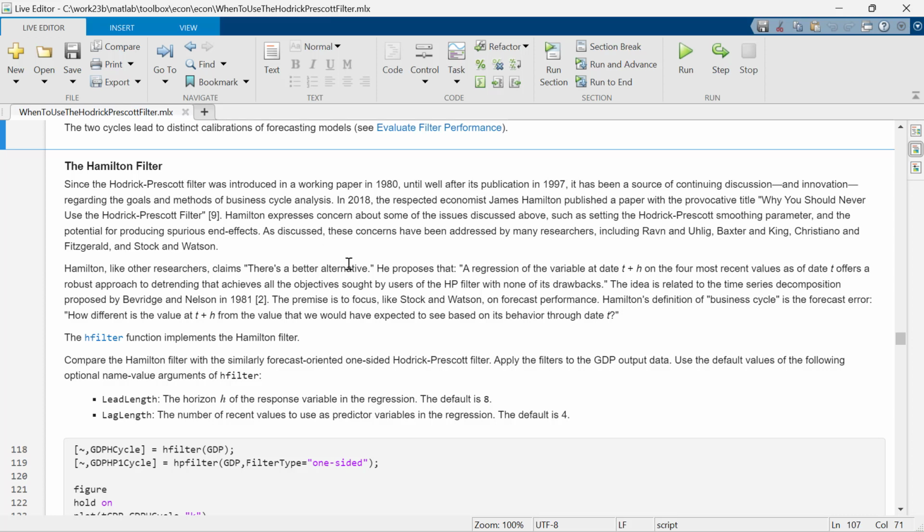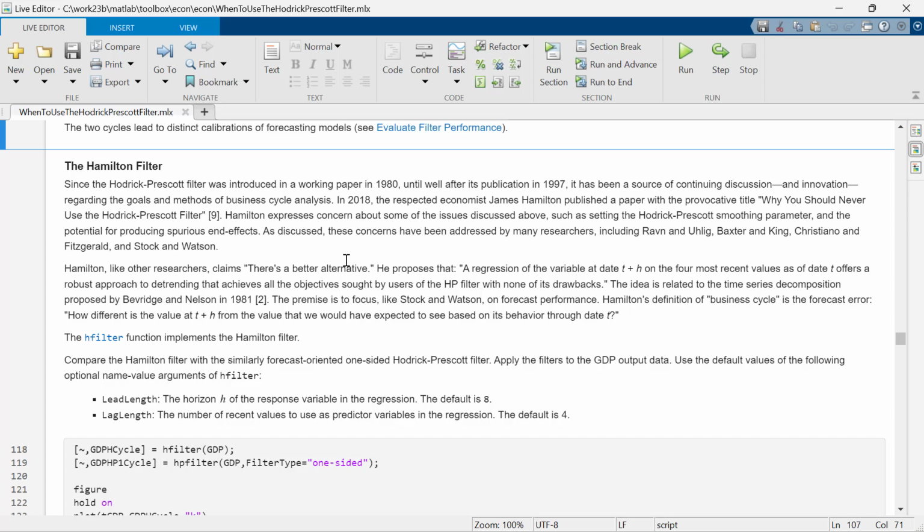But as we've already discussed, a lot of the concerns that Hamilton has raised have been addressed by previous researchers in terms of how to deal with better forecasting capability and how to set the smoothing parameter based on different assumptions. But we should note too that Hamilton is focusing on a goal, a definition of business cycle that's different from what Hodrick and Prescott had set out in the first place.